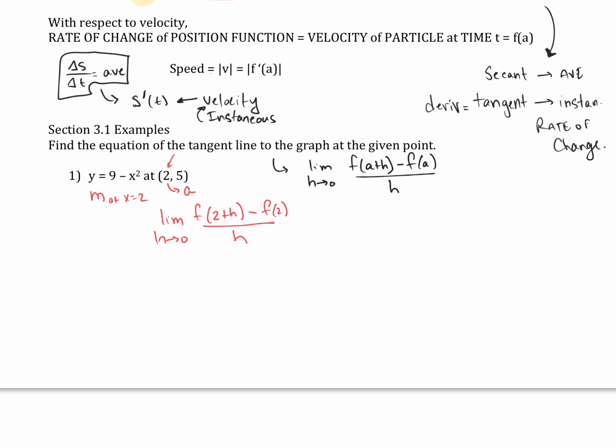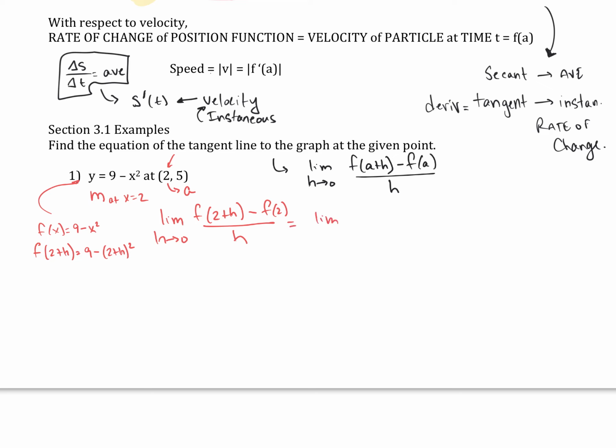Now looking at my equation, my f of x is equal to 9 minus x squared, right? I'm looking at it from right there. So now if I put in f of 2 plus h, I would get 9 minus 2 plus h squared, just like that. So that's what I'm going to substitute in here.